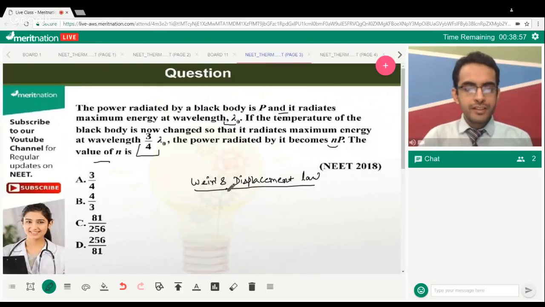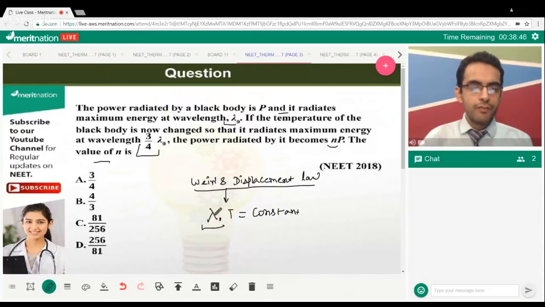So what is Wien's displacement law? It says that lambda naught multiplied by T is constant, where lambda naught is the wavelength corresponding to which there is maximum energy. Now let's say the initial temperature is T1. After a while, when it radiates at the wavelength 3/4 lambda naught, the temperature becomes T2.